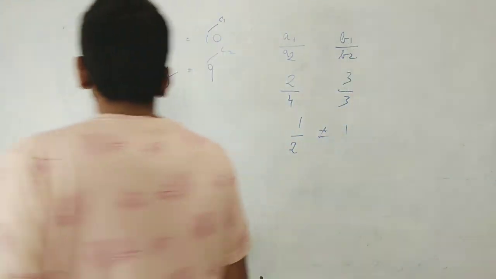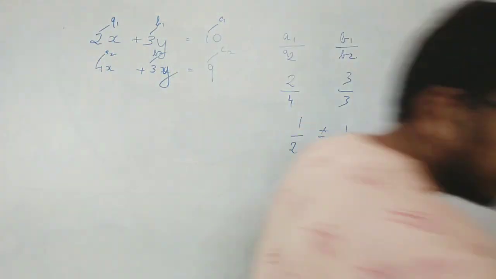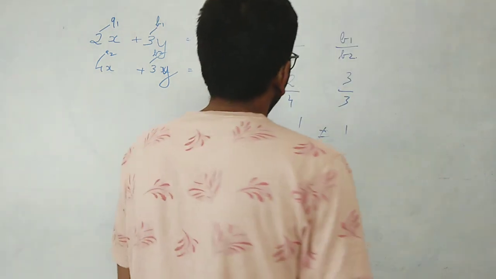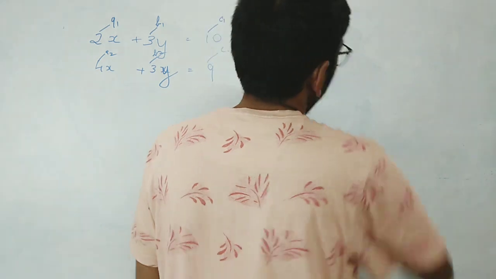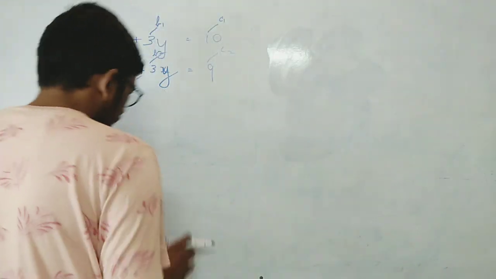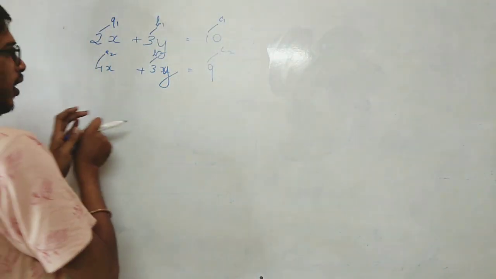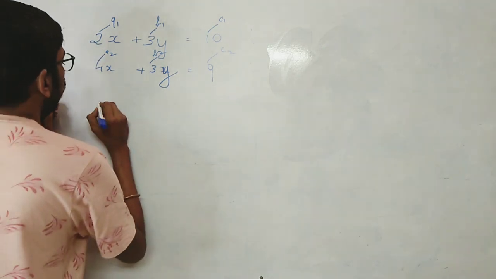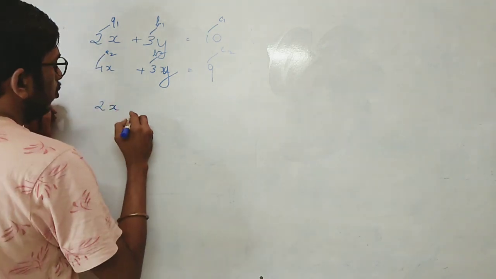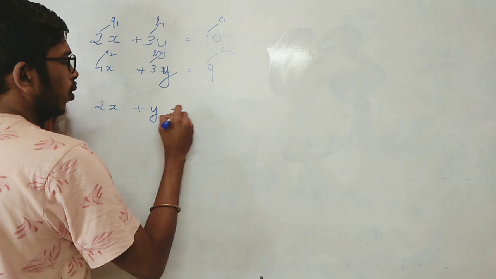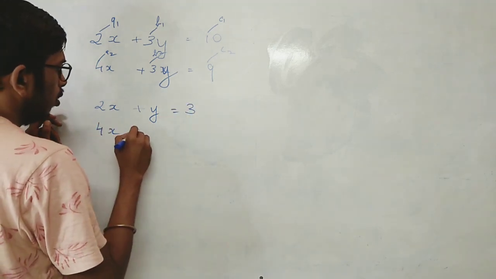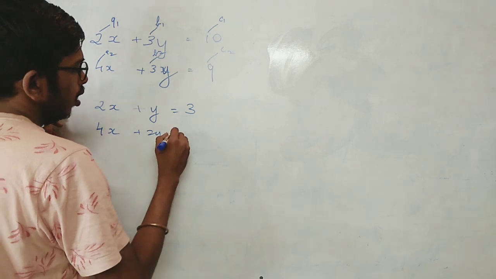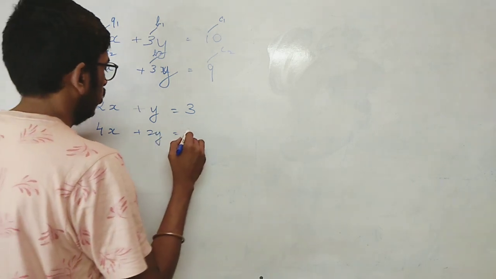Now, another example. Let me take a different kind of equation. 2x plus y is equal to 3, and I am taking 4x plus 2y is equal to 6.